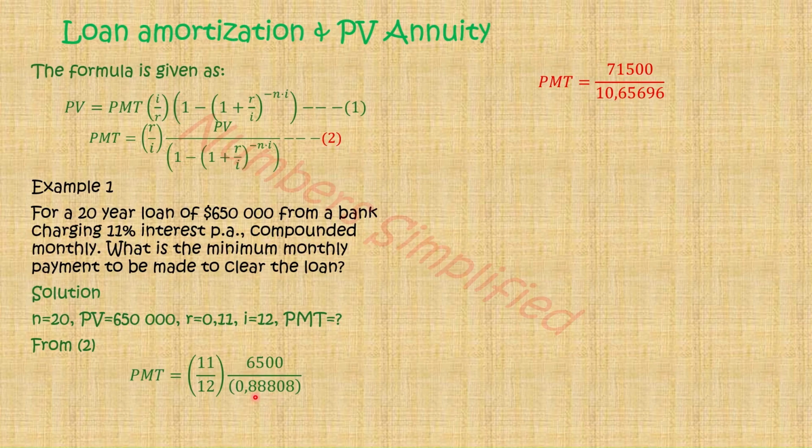Multiplying the numerators, we get 71,500. And the denominators, 12 times 0.88808, we get 10.65696. Note I have decided to keep the decimal places to 5 so that I don't compromise on the accuracy of my answer. This is easy to evaluate, so that we get our answer as $6,709.23. And I hope that makes a lot of sense.